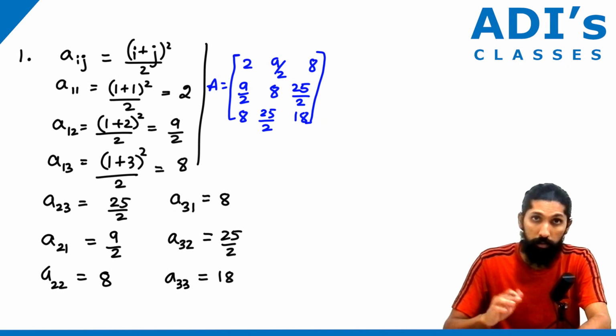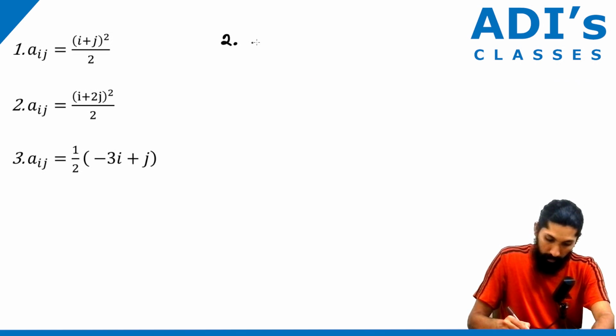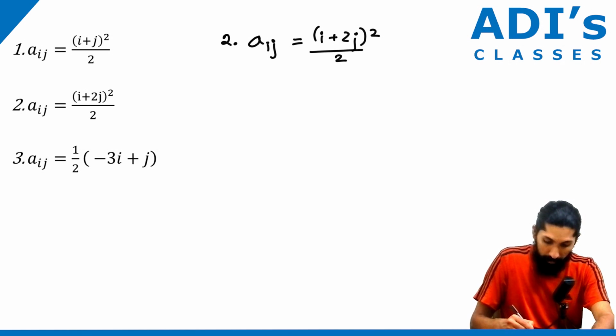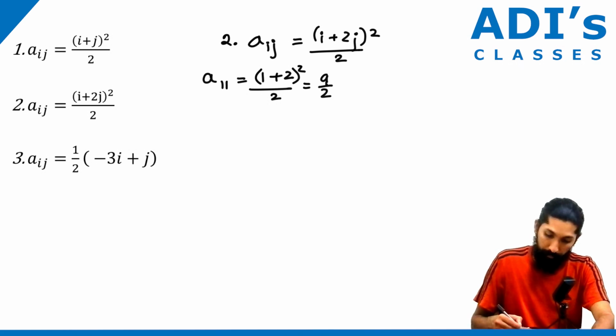Likewise, let's do the next two problems. The second one: aij is equal to (i plus 2j) whole square divided by 2. Again the same logic. A11 is equal to (1 plus 2) whole square divided by 2. 3 square is 9, so you get 9 by 2.